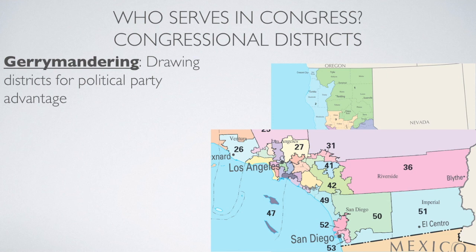You have the city of San Diego in two different parts there, kind of more of Chula Vista and National City, and then you also have the city of San Diego. But then you have the 50th district, which is East County, up into Poway and Fallbrook and such.